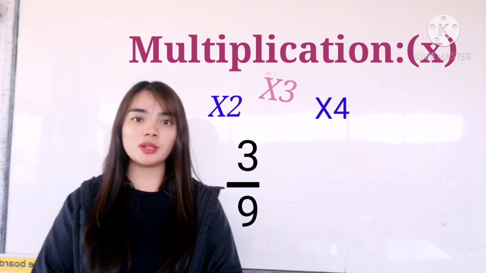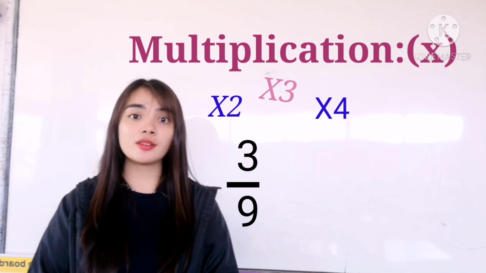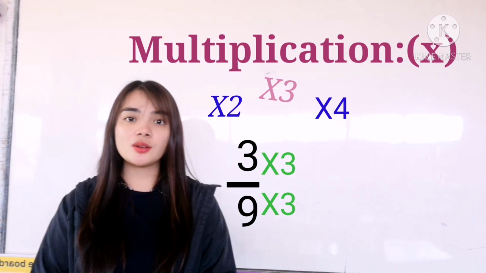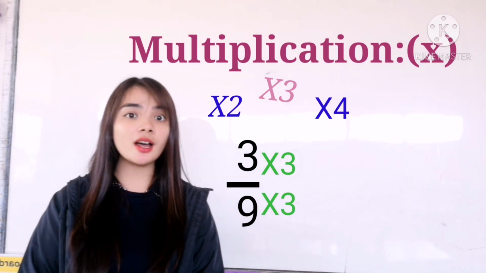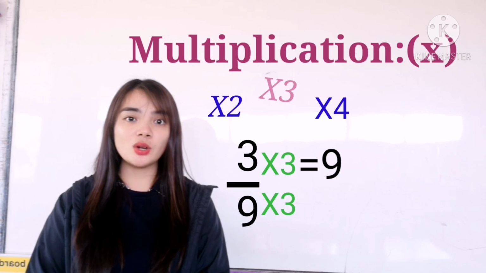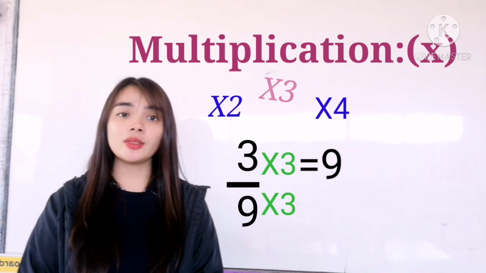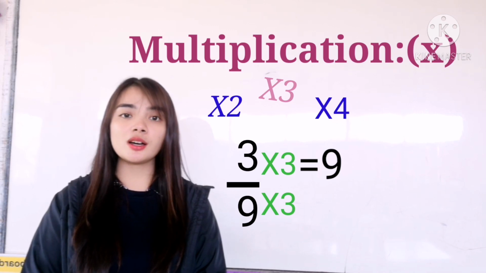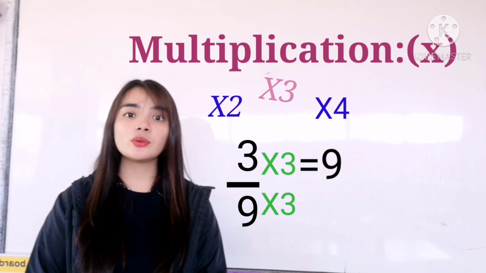Another example, we have 3/9. We can multiply it by any number, right? But can we use 3? So 3 times 3 is equivalent to 9. Then we multiply it to our denominator, which is 9. So 9 times 3 is equivalent to 27.